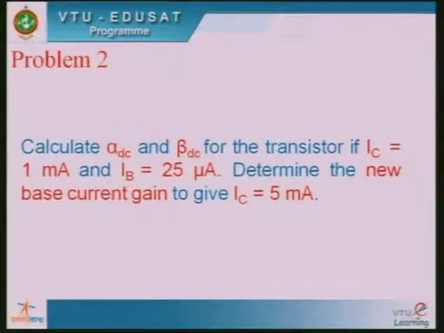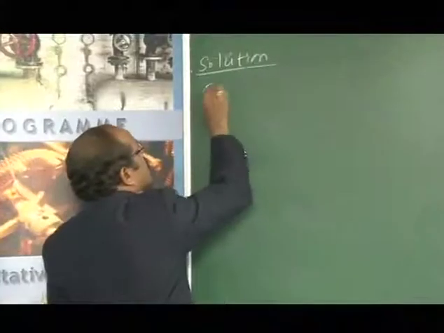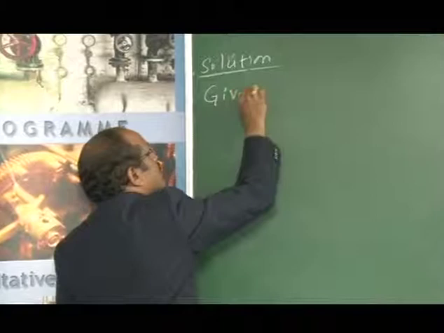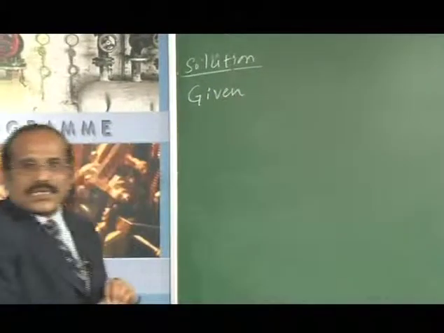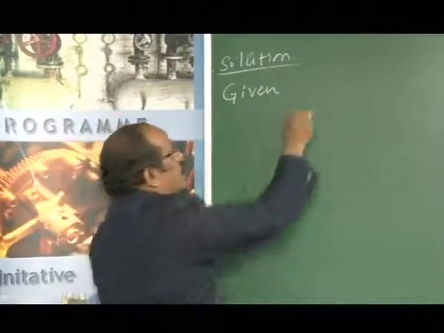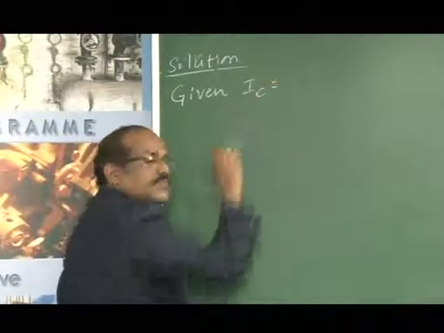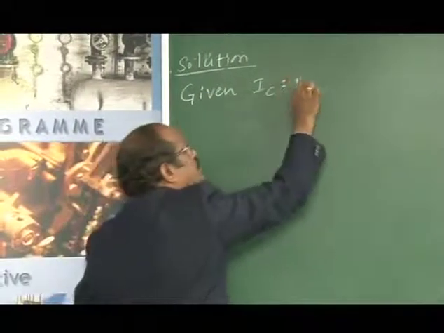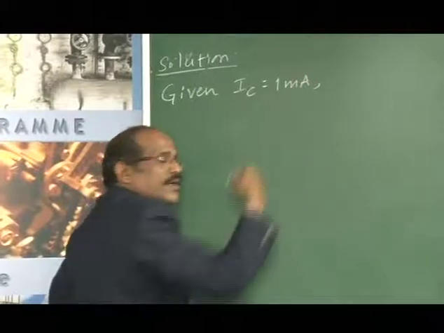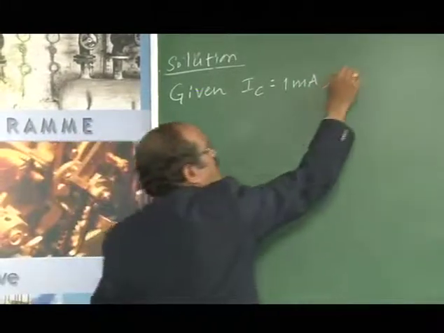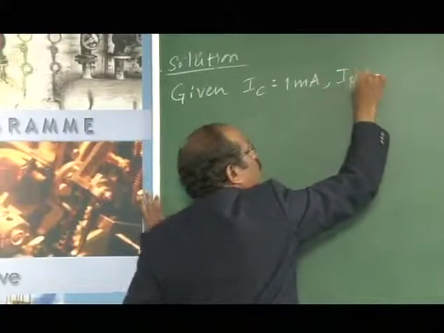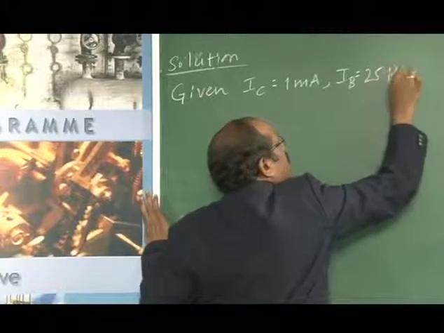What will be the solution here? Let us note what the given things are. The collector current IC is given as 1 milliampere, and IB, the base current, is given as 25 microamperes.